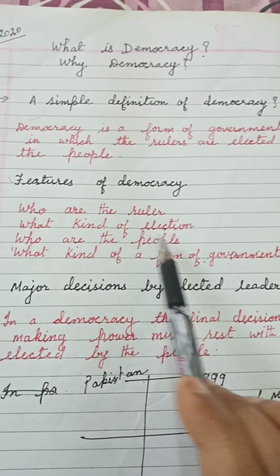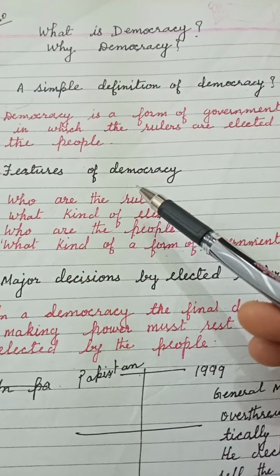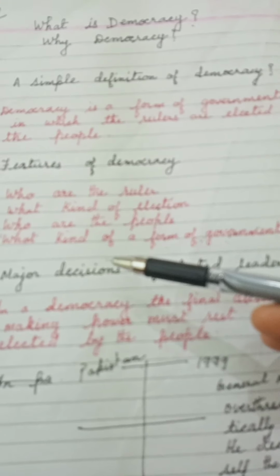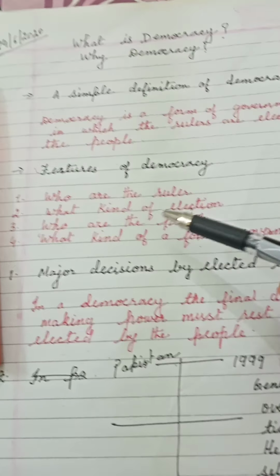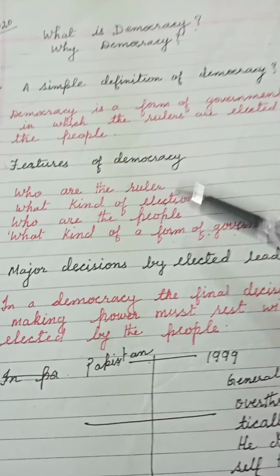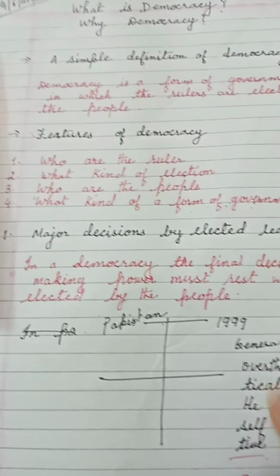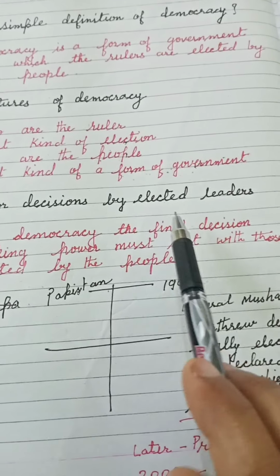Who are the people? It means for the entire definition they are raising a question against it. Is it? So here the first feature we are going to see is major decisions by elected leaders.